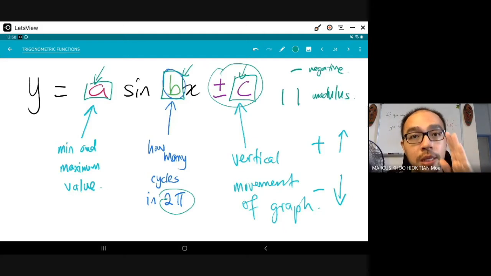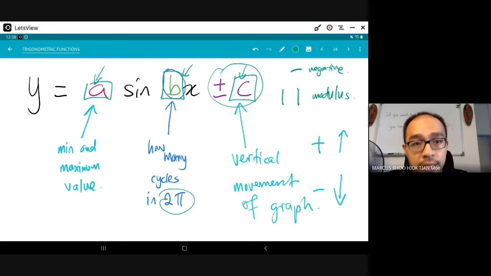The most important thing when we draw the graph is to make it a process. At this beginning stage, because you only just learned this on Monday, it's still pretty new. Unless you're very good at visualizing, make it a process.